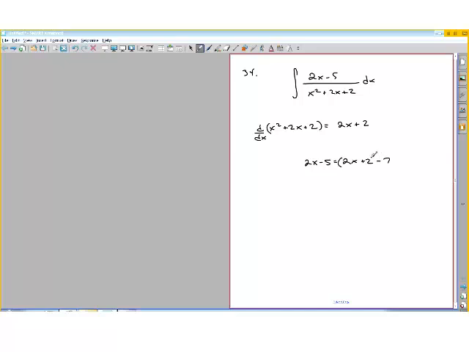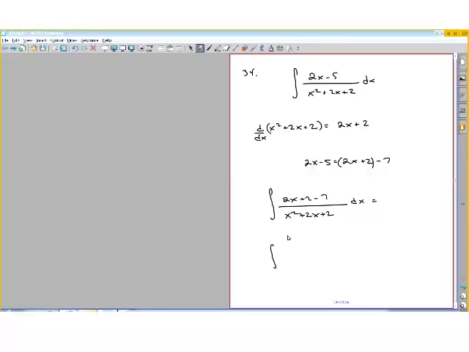So I can combine these two and make that one numerator, and I can have another fraction where this is the numerator. So my original integral is going to be 2x plus 2 minus 7 divided by x squared plus 2x plus 2 dx. And you can do this in one step. I'm just doing it too, so it's entirely clear.